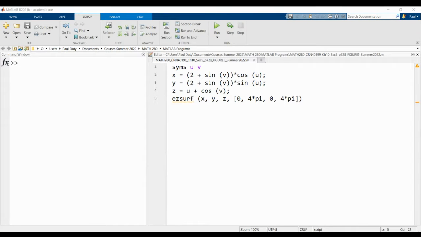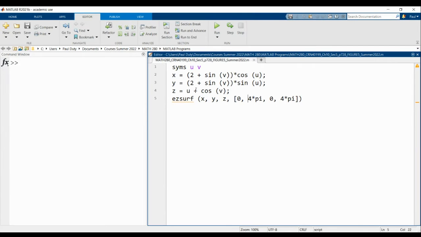And what you do here is, the code is such that you define your symbolic variables, u and v, with syms u v. And then x, y, and z are your parametric equations. And then you're going to use the ezsurf command. And I'm restricting the u to be from 0 to 4 pi and the v parameter to go from 0 to 4 pi.